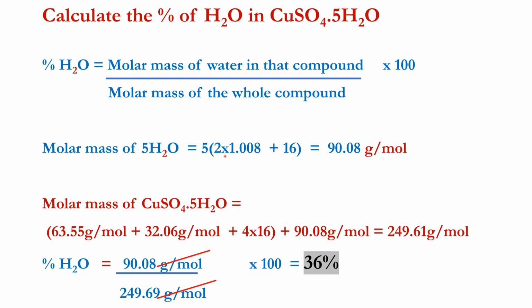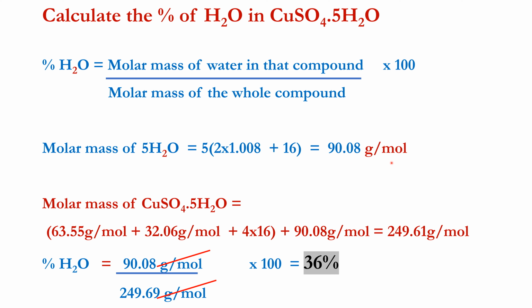So we multiply by 2 because we have H2, plus 16. 16 is the molecular weight for oxygen, which you find in the periodic table, and the unit for molecular weight is gram per mole. So if we add up all these, molar mass of 5 molecules of water will then be equal to 90.08 gram per mole.